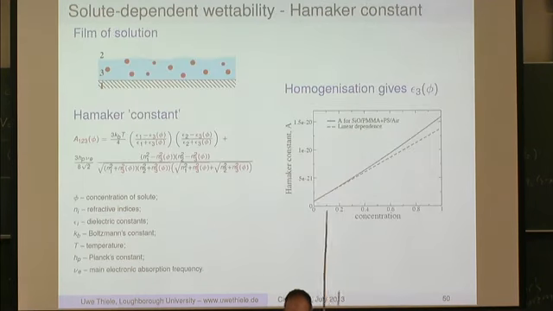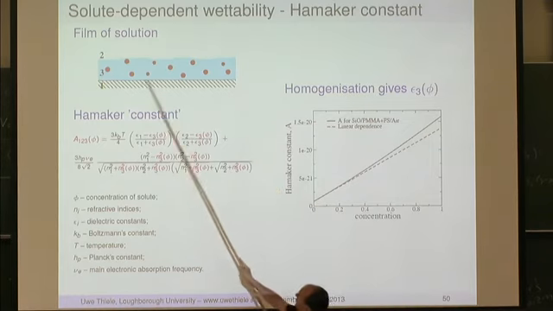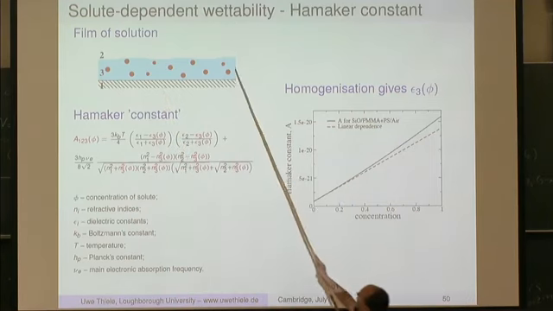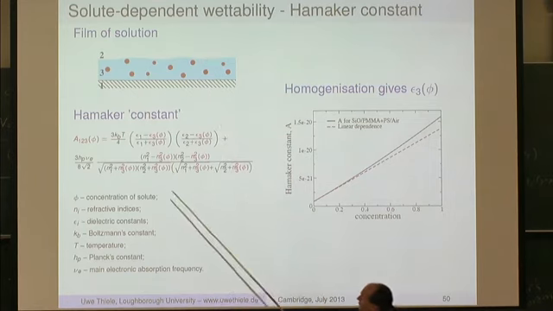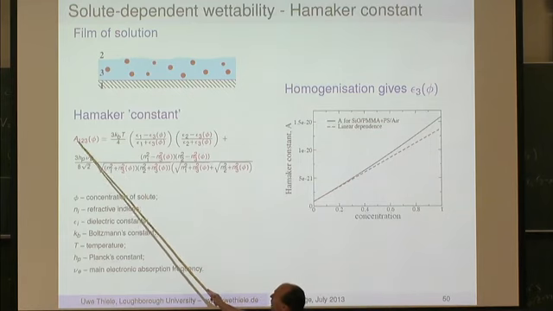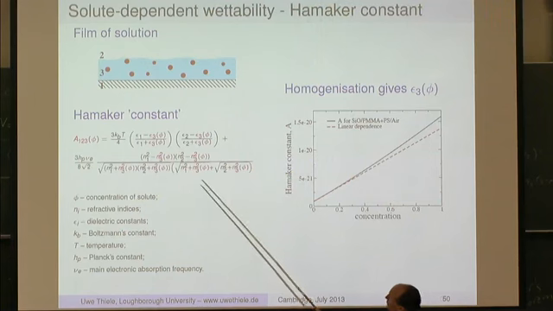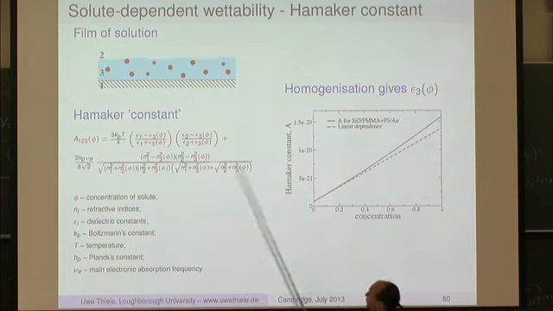So now, let's not go through the gory details, but this is work done with Desislava Todorova. If you have a mixture, a non-volatile film on a solid substrate, you can say, okay, let's assume we get our Hamaker constant from the book by Israelachvili, where you can find how they depend on the optical indices and the dielectric constants.